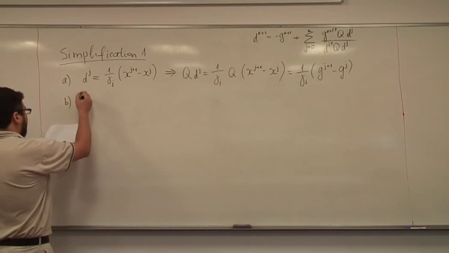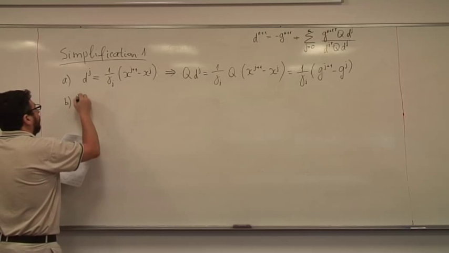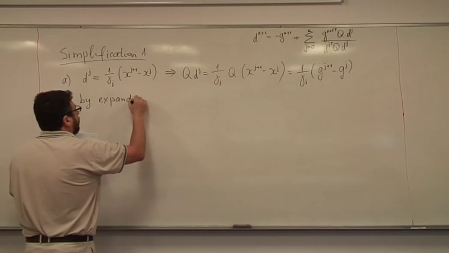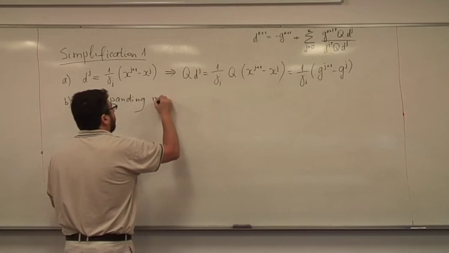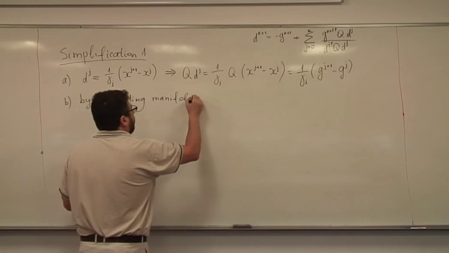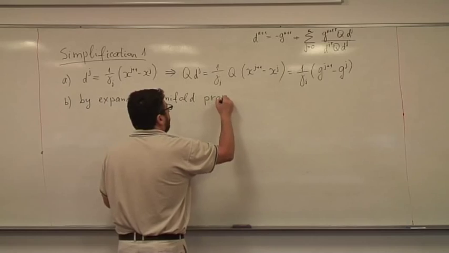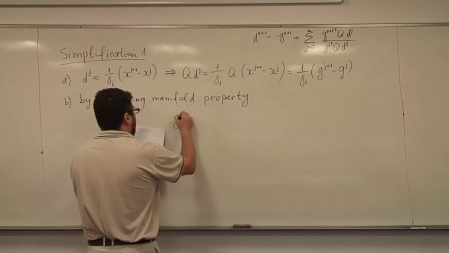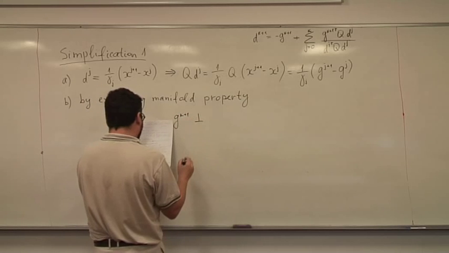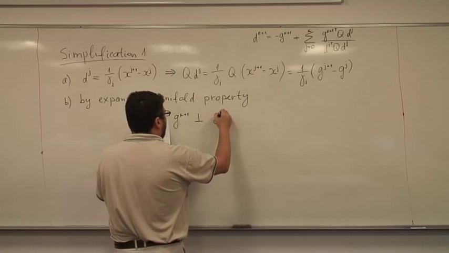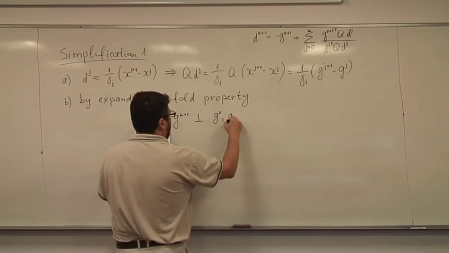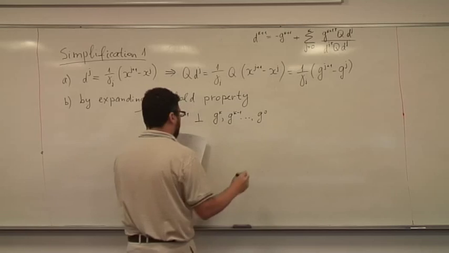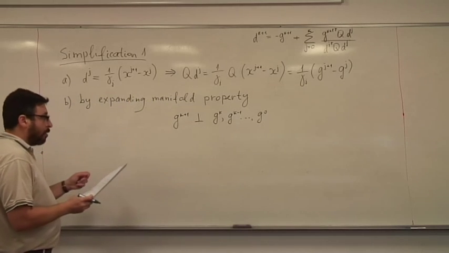I write it explicitly by the expanding manifold property: g k plus 1 is orthogonal to gk, g k minus 1, ..., g0.